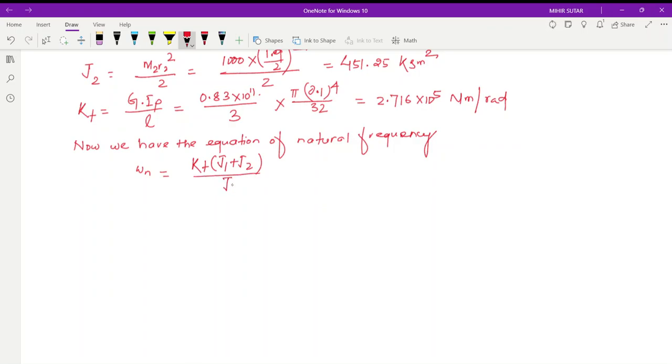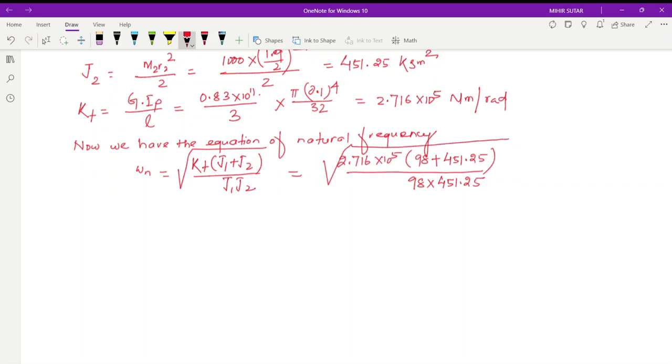Okay, so this will give us 2.716 into 10 to the 5 whole into 98 plus 451.25 divided by 98 into 451.25, whole root over.